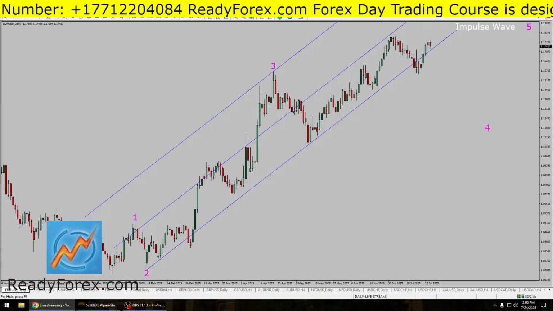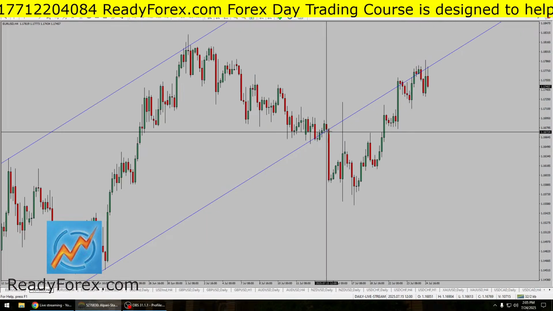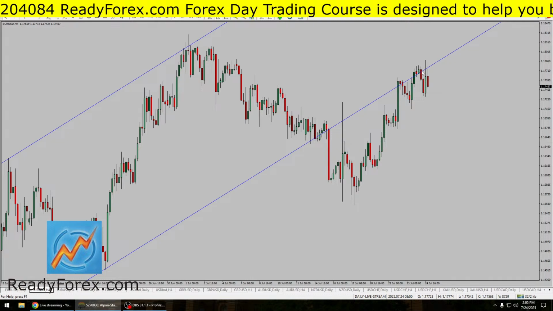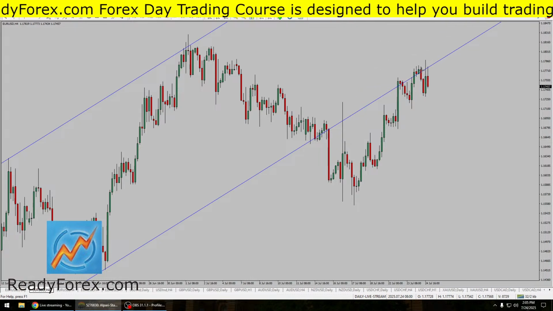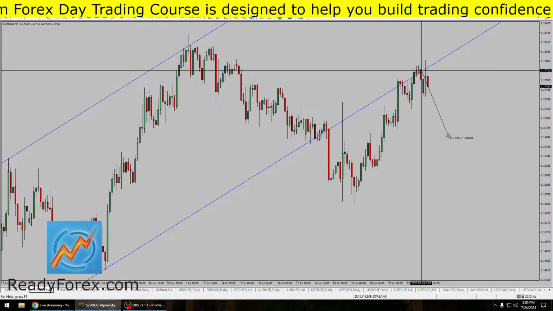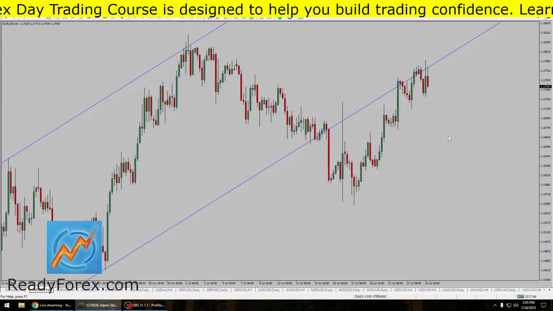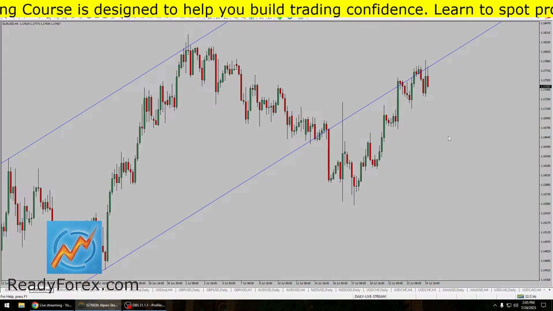Okay, the second idea over here is, you see price action just keeps testing this resistance level. So I expect some sort of a drop in price action of the euro dollar currency pair, but even if euro dollar wants to go up, we need some kind of short-term pullback.